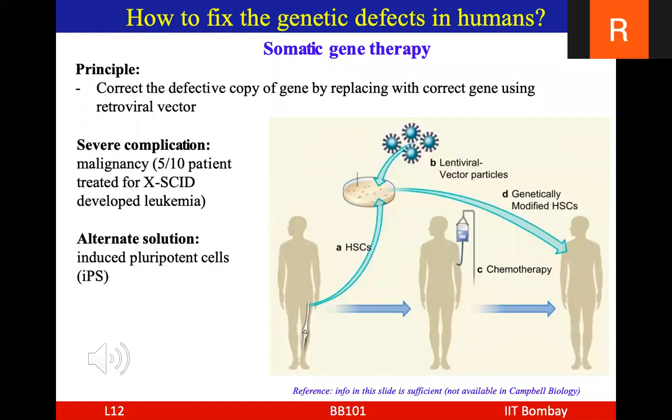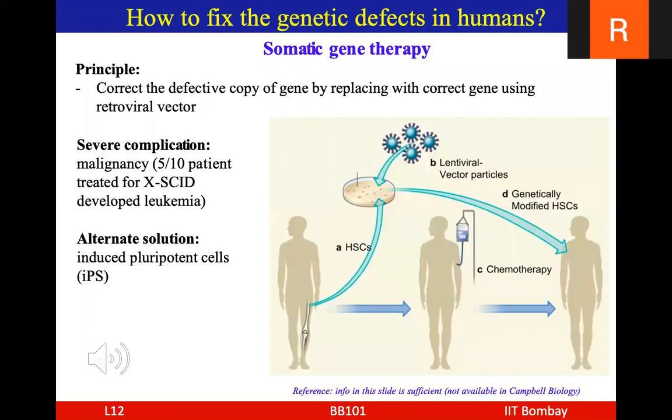Using the correct gene on the virus, we are sending it into the human being, into these stem cells, and the correct copy of the gene will insert into the correct place of the DNA in this patient, and the patient will be free of this disease. And in this graph on the right, you are seeing that there is a hematopoietic stem cell.